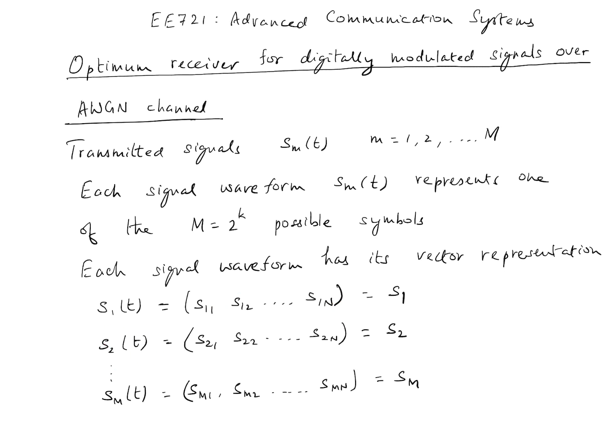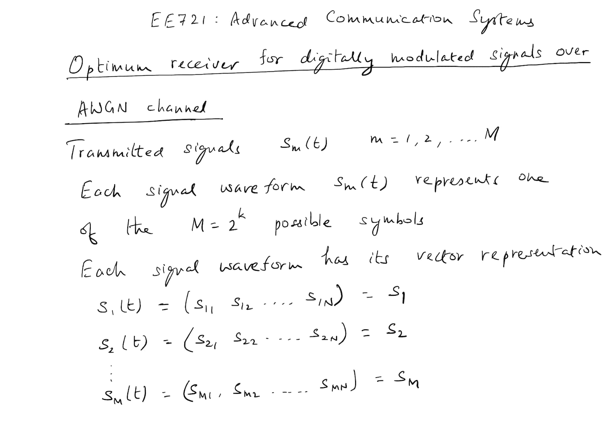Similarly, for S2 of t, it is the projection of S2 of t onto the basis phi1, and so on. So we have the projections of S2 of t onto each of the n basis functions becoming the elements of the vector representation of the signal.